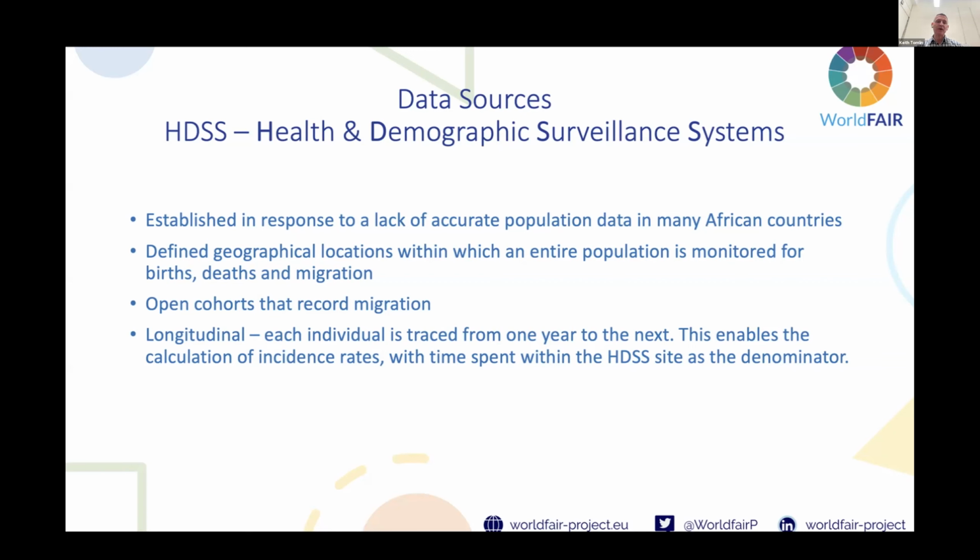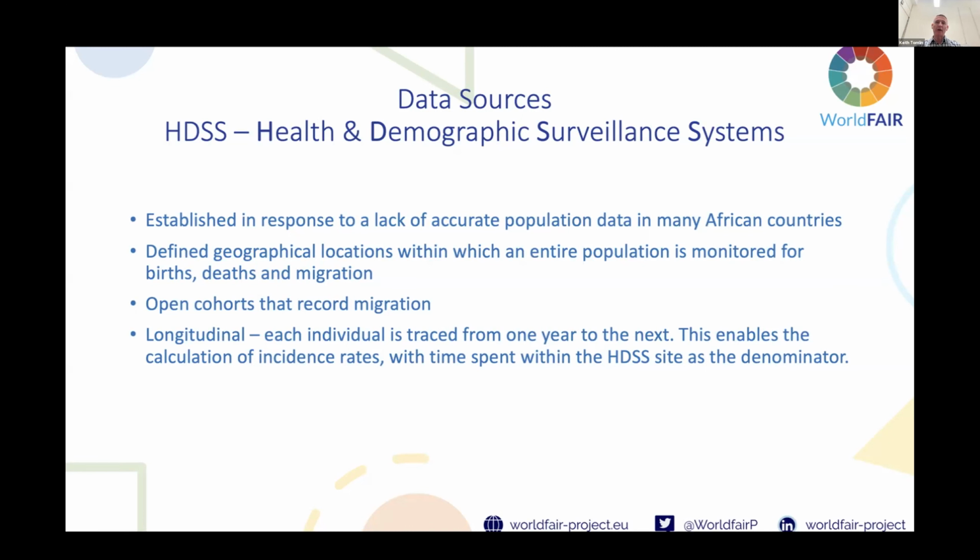And HDSS defines a clear geographical location in which an entire population is monitored for births, deaths, and migration. And these are open cohorts of people. So migration is recorded as it takes place. And these are genuinely longitudinal studies. So each individual within an HDSS is first identified during a form of a baseline measurement.